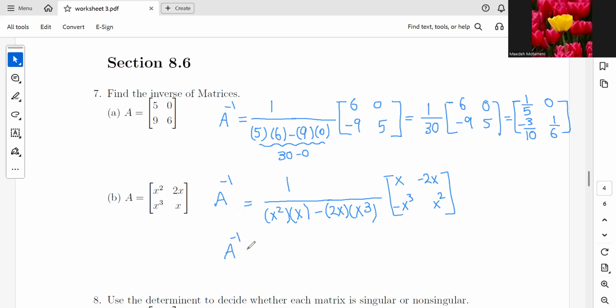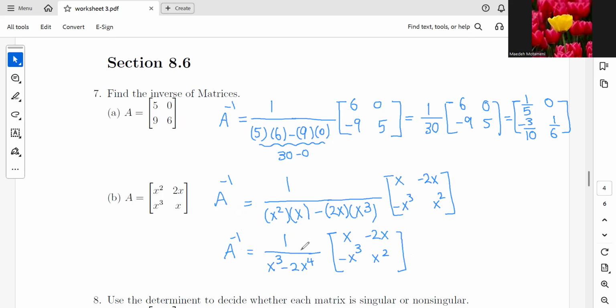So A inverse will be 1 over x cubed minus 2x to the fourth, times the matrix x, negative 2x, negative x cubed and x squared here.